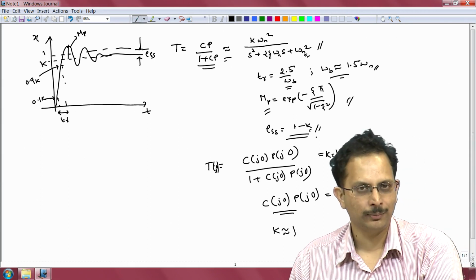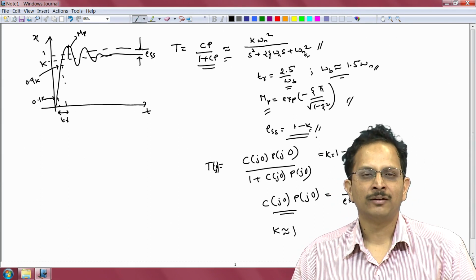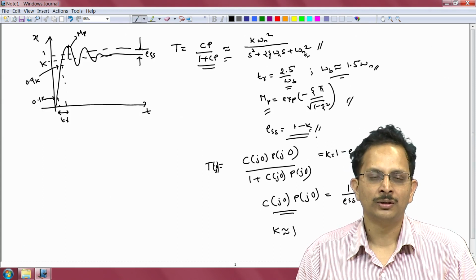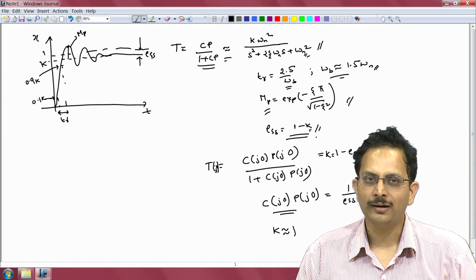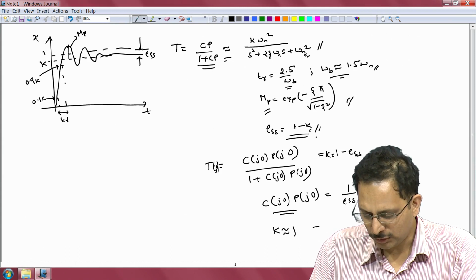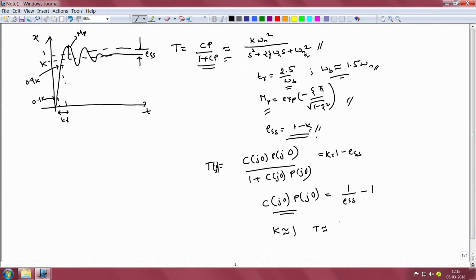This is not an unreasonable approximation, because generally we desire that, at least for DC references, most control systems show as close to 0 steady state error as is possible. So, if we make this approximation, then our transfer function would approximately look like omega n square divided by s square plus 2 zeta omega n s plus omega n square.